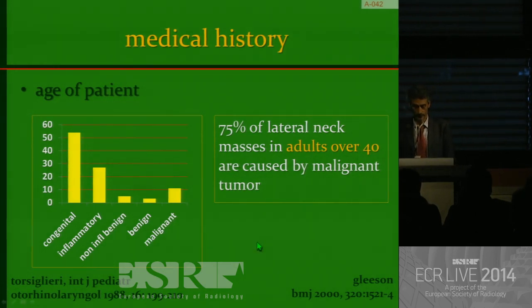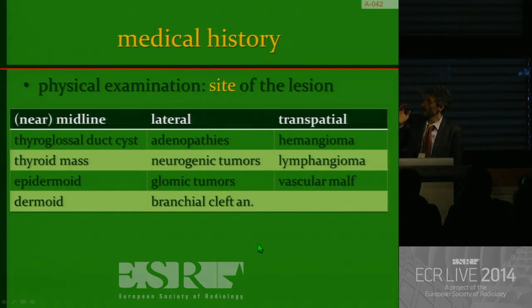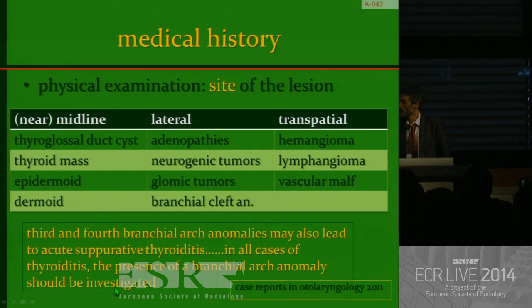The second point to be made is that we are facing a lateral swelling. So the list of differentials narrows to adenopathies, neurogenic tumors, quite infrequent in children, glomic tumors, again quite infrequent, or branchial cleft anomalies.